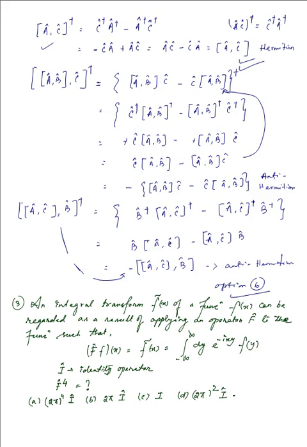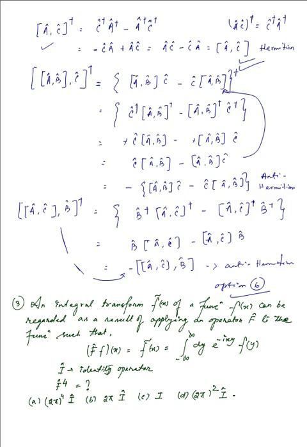And that can be regarded as a result of applying an operator, f operator, as you can see over there, to the function such that when we apply this operator f onto fx, it becomes f tilde of x, which is in fact equal to that integration, from negative infinity to infinity dy e to the power minus ixy f of y.